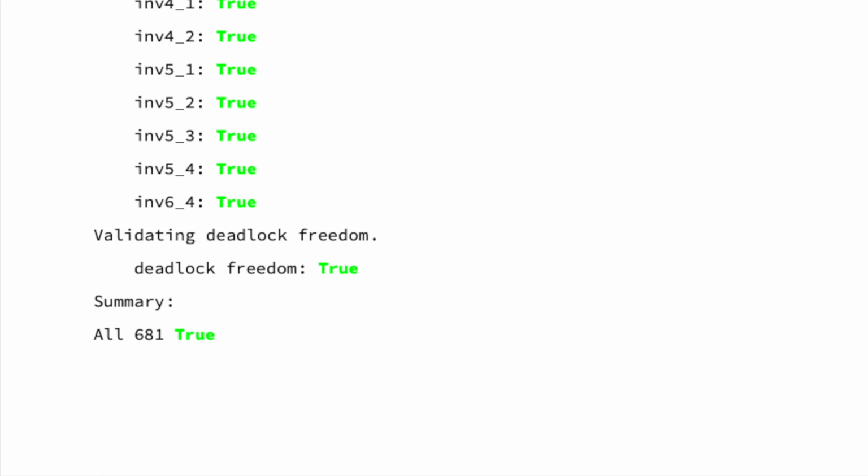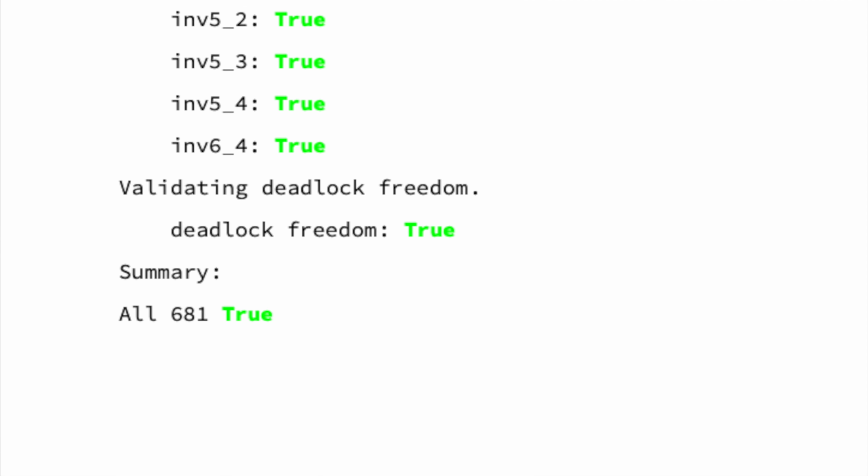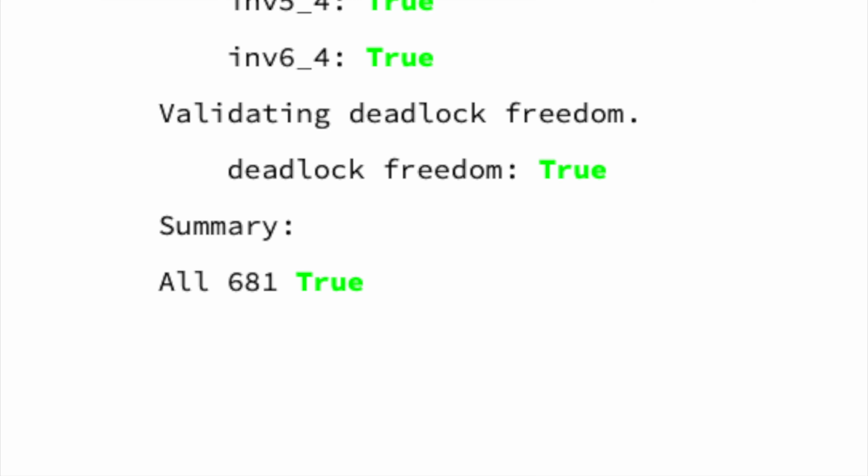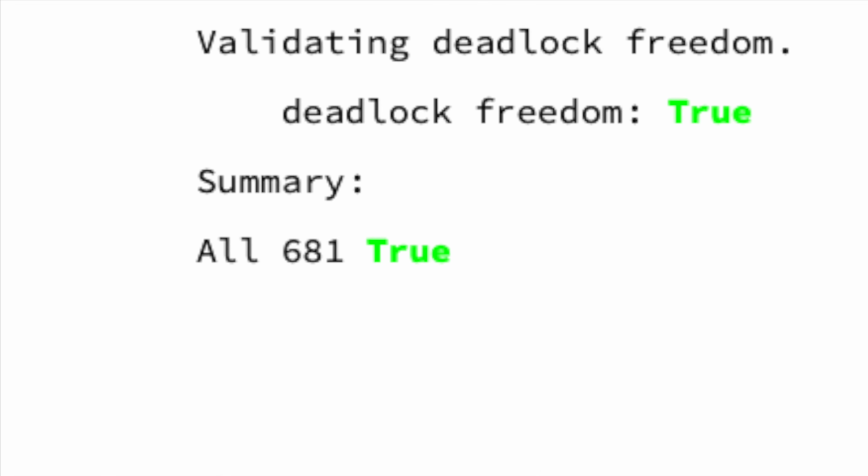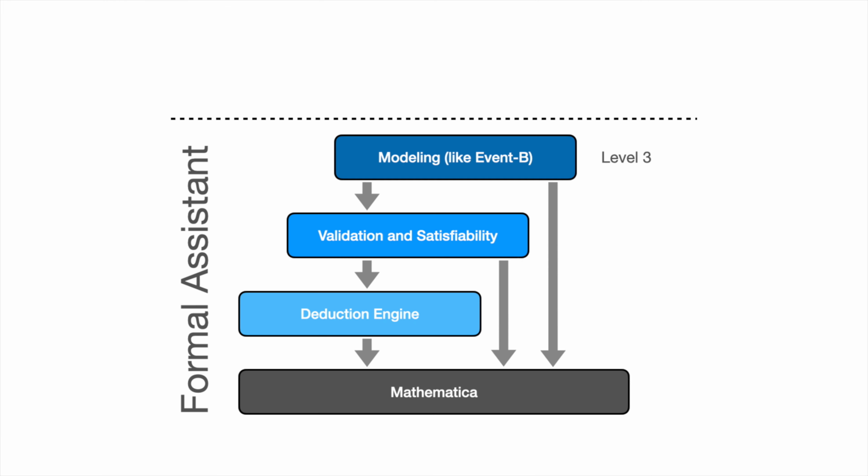But with modeling and formal methods, the verification can be automated at the level of abstraction where user requirements can be expressed as well. Event B is currently the only modeling method that was partially implemented in the Formal Assistant tool, but the flexibility and modular nature of this tool mean that it's possible to replace or extend this layer depending on the needs of its users.